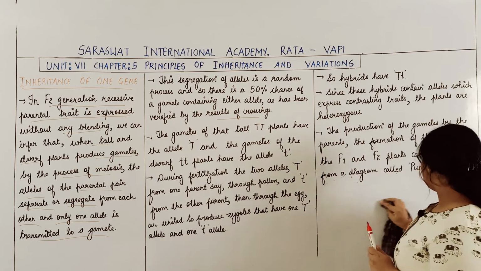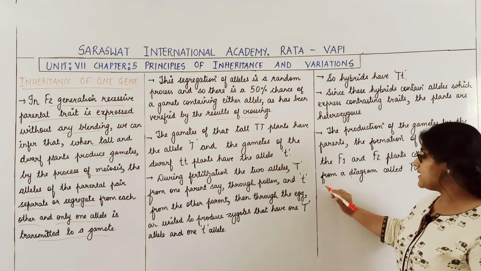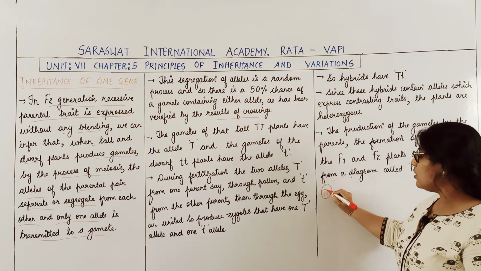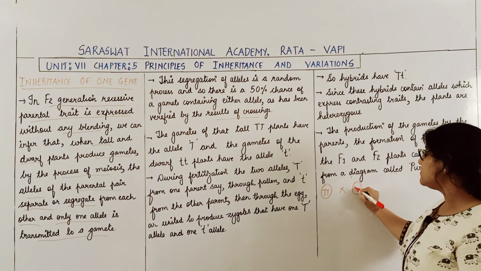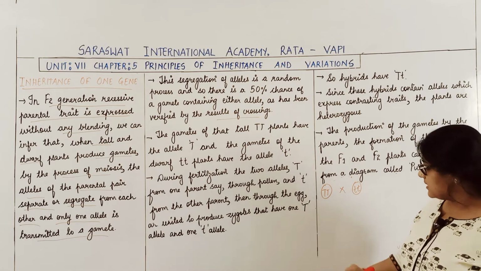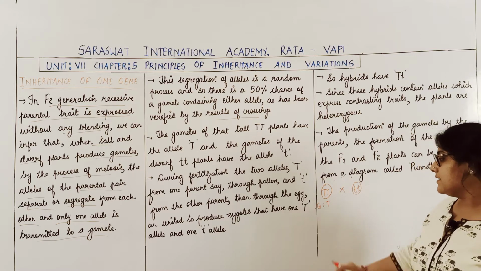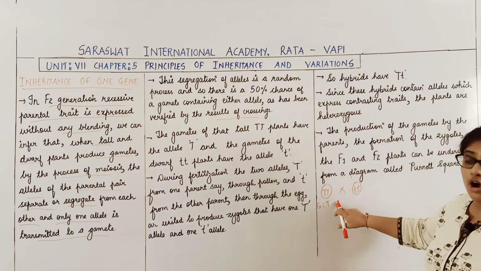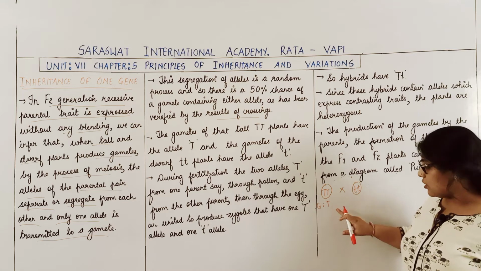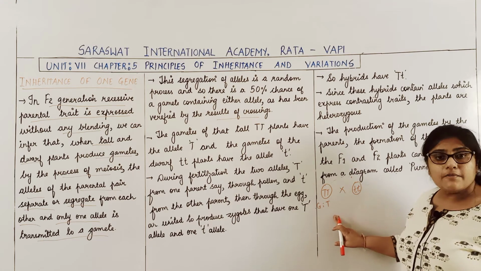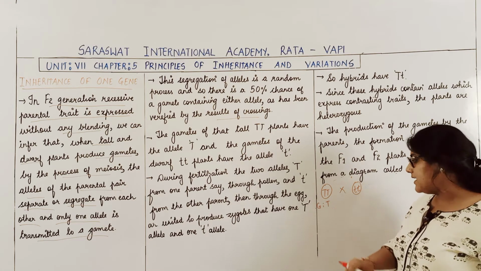We will see that. So say for example, this is a tall plant which has been crossed with the dwarf plant. Now all the gametes produced by, G indicates the gamete, all the gametes produced by the tall plants will contain which allele? It will contain the allele capital T.